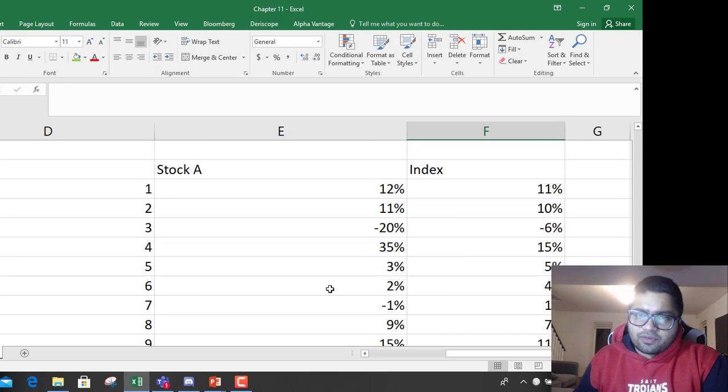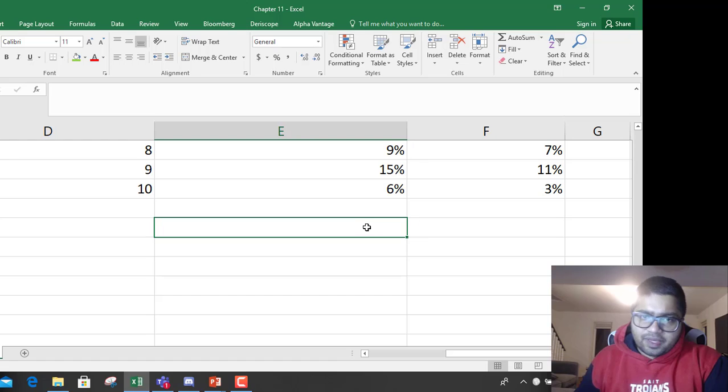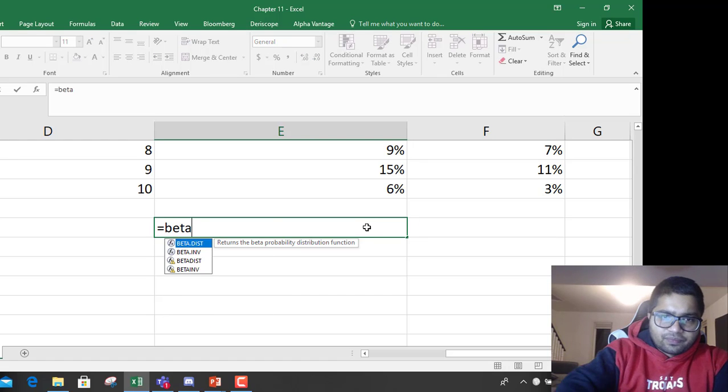So these are returns of stock A, these are returns of the index. You have to calculate beta.